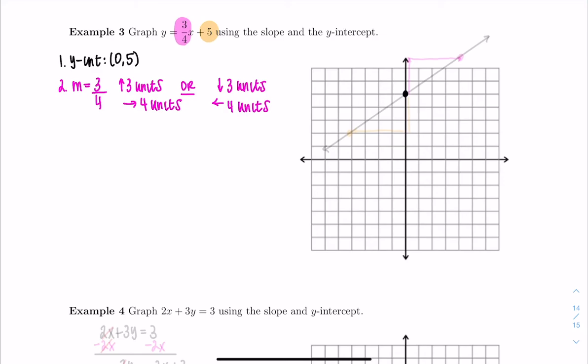So doing the first one, we're going to go off just a little bit. Go up 3 units, and then to the right 4 units. It looks like it would be about there. And then in the other direction, we go down 3 units and to the left 4 units.